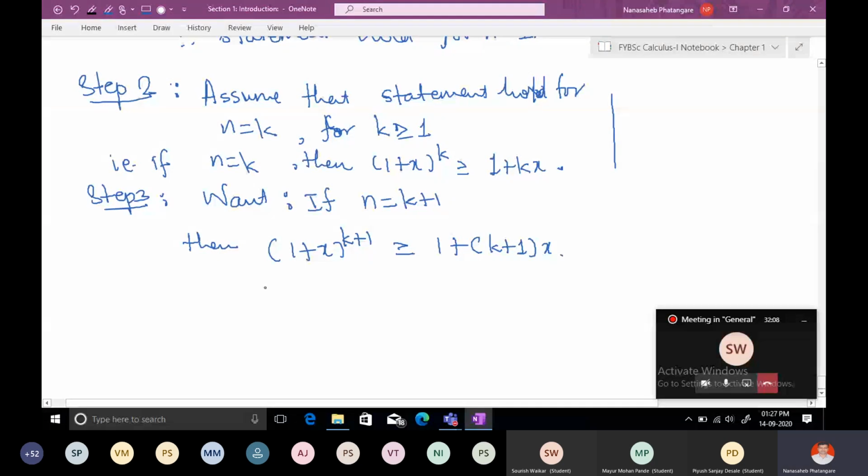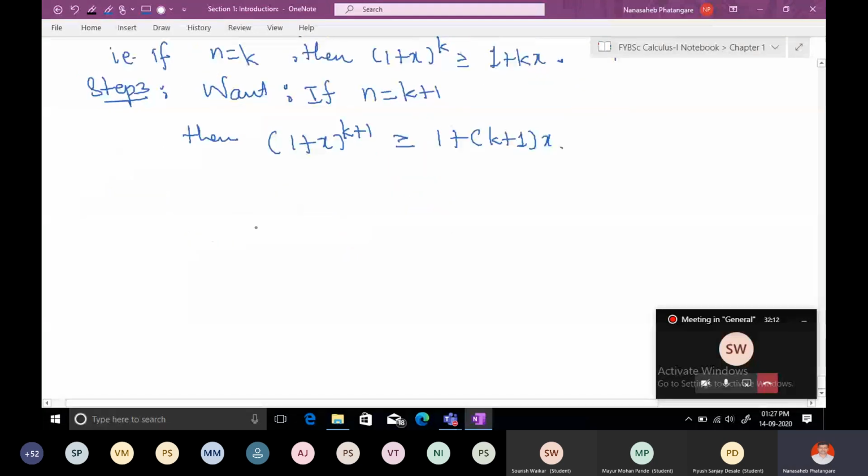Now, let n is equal to k plus 1. Let us check whether the result is true. Start with 1 plus x raised to k plus 1. Let us start with this and see what happens. 1 plus x raised to k into 1 plus x.